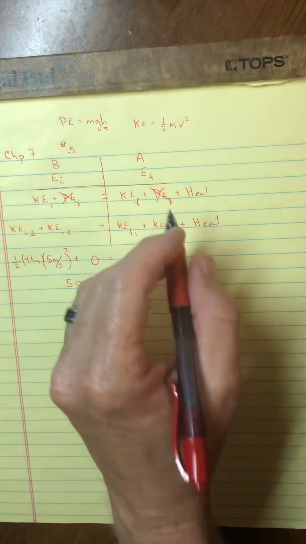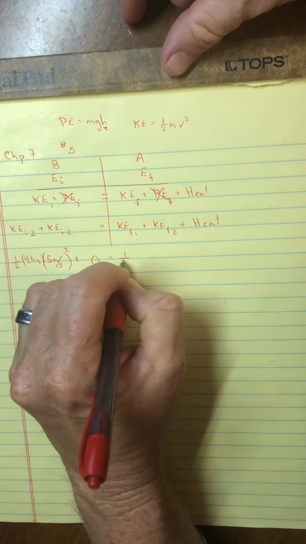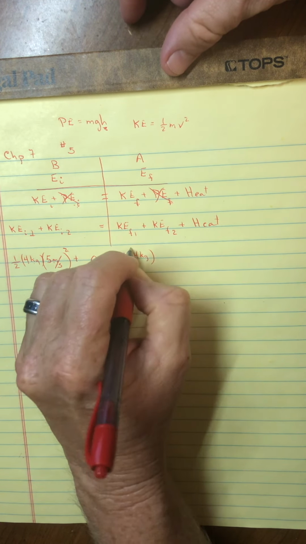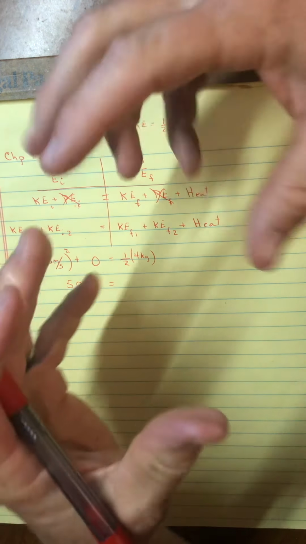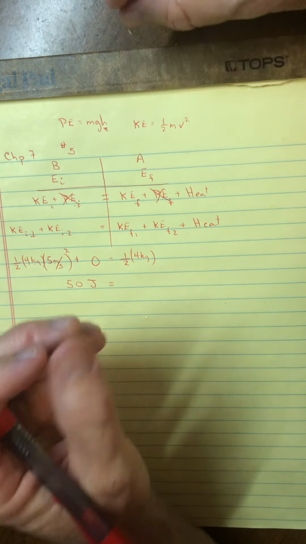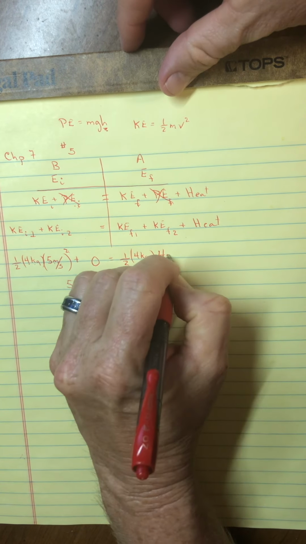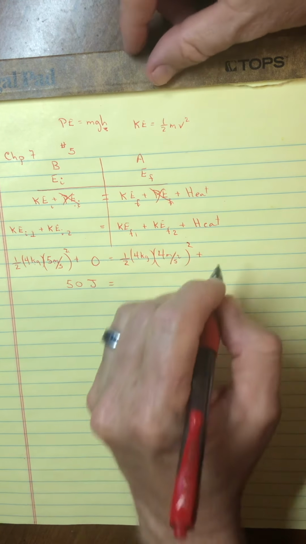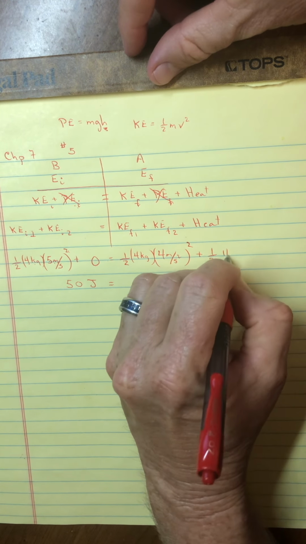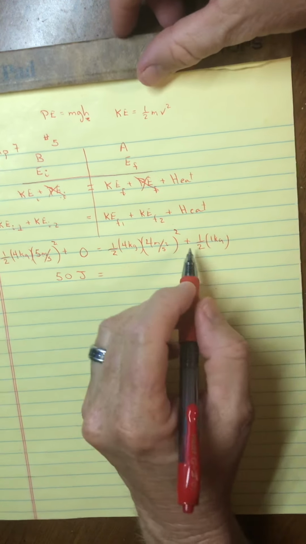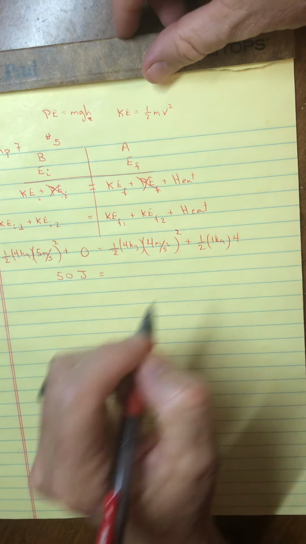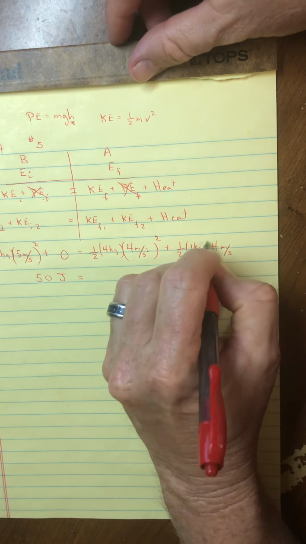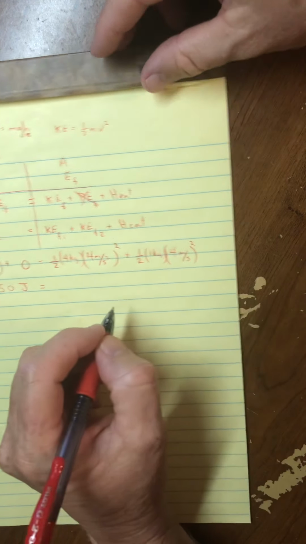Now, after the collision, let's do this: 1/2, and the original 4 kilogram car, now stuck together with the 1 kilogram car, is moving at a speed of 4 meters per second. And since they're stuck together, I would say now that the 1 kilogram car is also moving at 4.